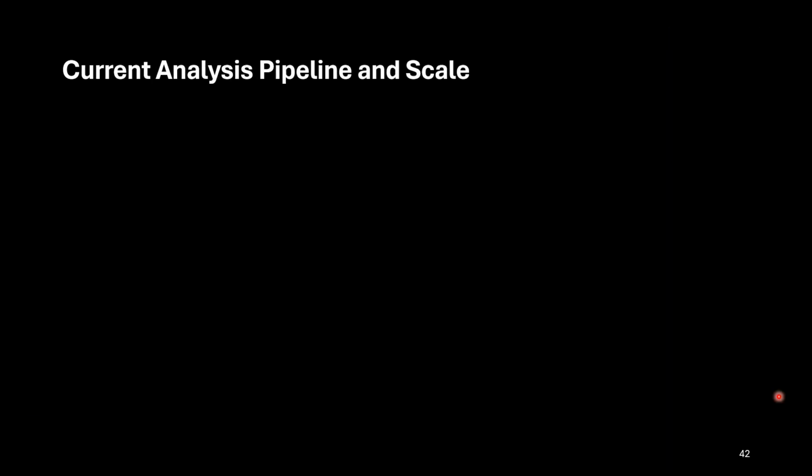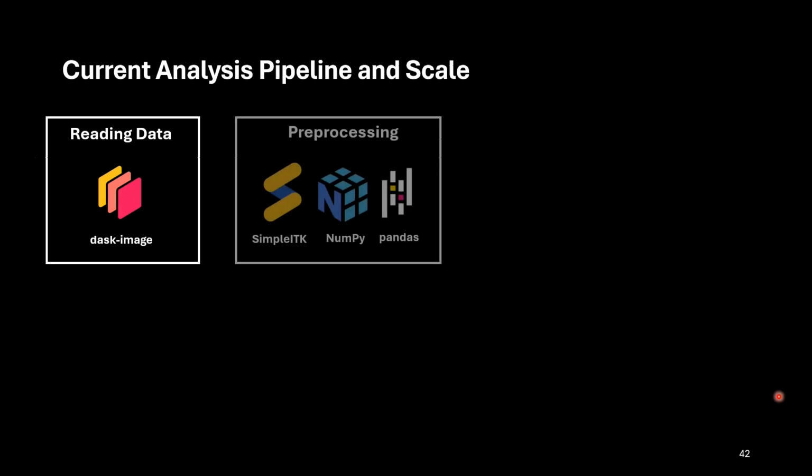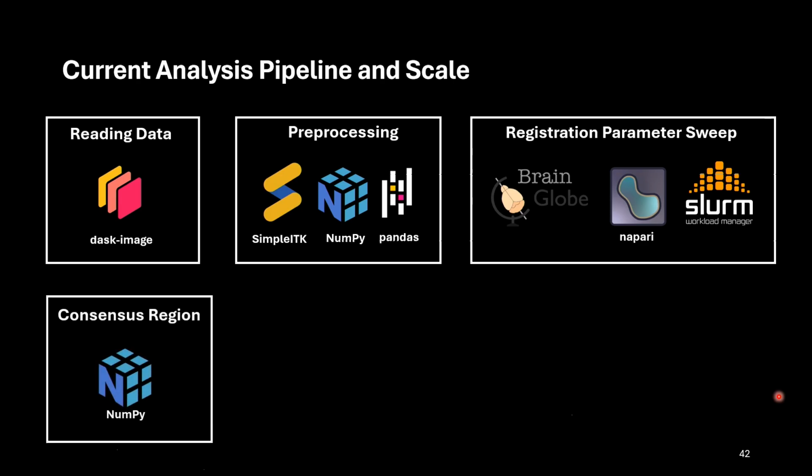So to summarize our current analysis pipeline, we read in the data using dask image, which is really great because the data is huge, so this gives us a way to read in the data efficiently rather than loading 1 terabyte of data into memory. Pre-processing, which I did using SimpleITK, NumPy, and pandas. Doing the registration parameter sweep using BrainGlobe, brainreg, Napari, and scaling everything through Slurm.